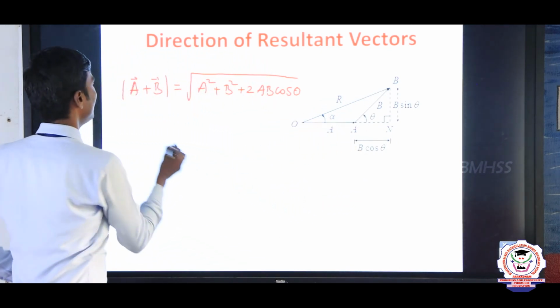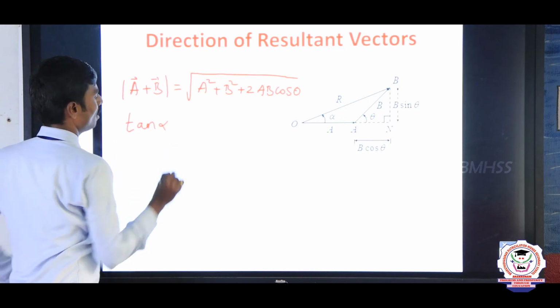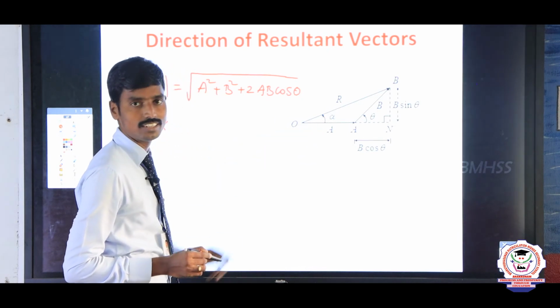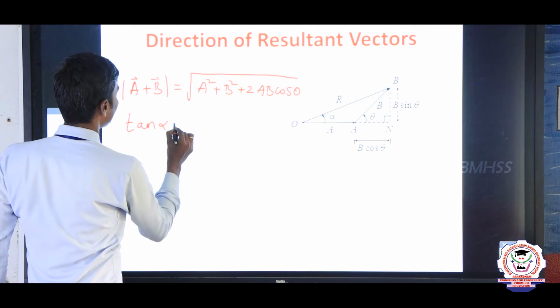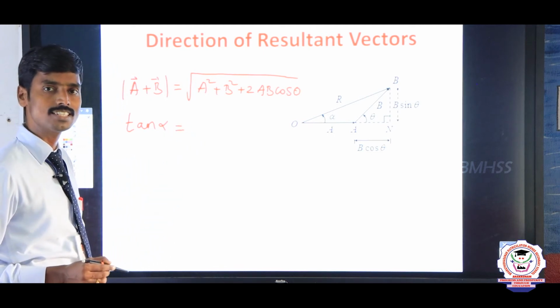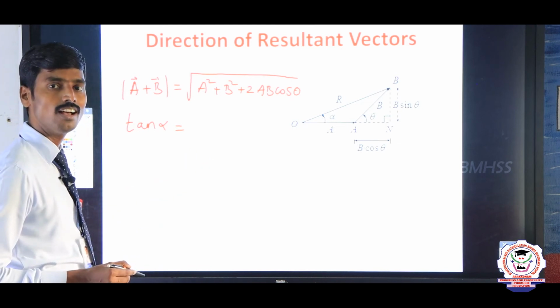So we need tan alpha. Alpha is nothing but the angle between the A vector and the R vector. What is the formula for tan theta? Sin by cos, that is, opposite side by adjacent side.